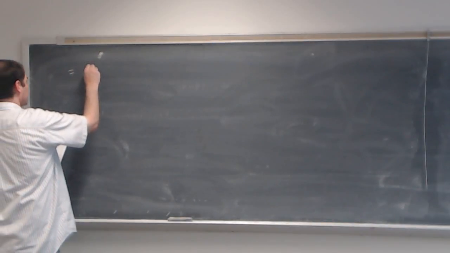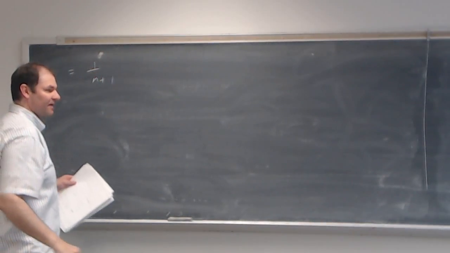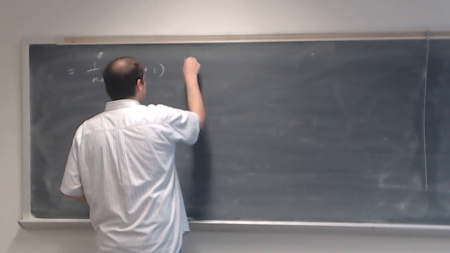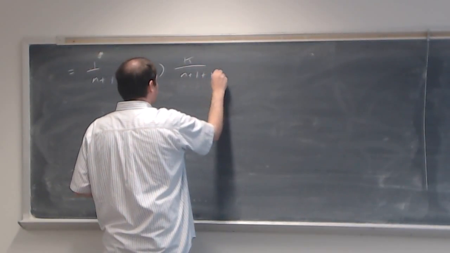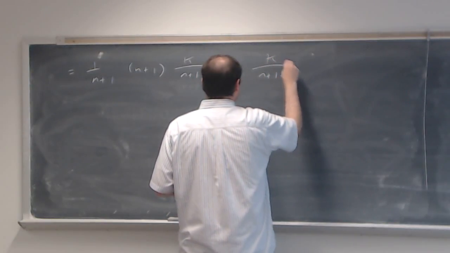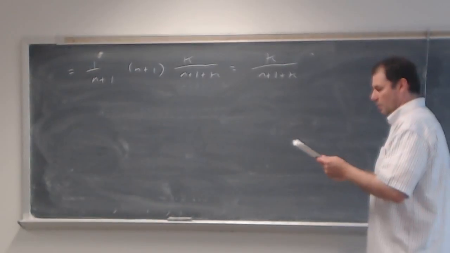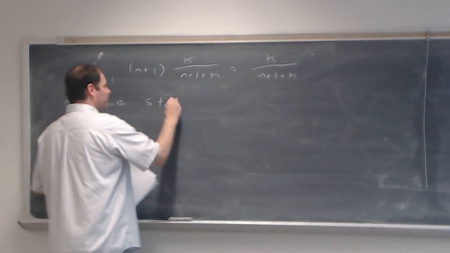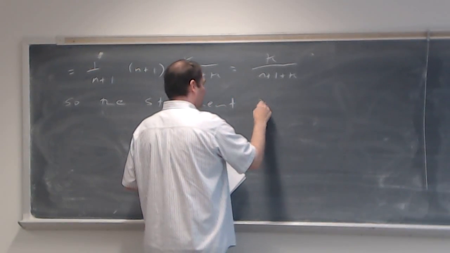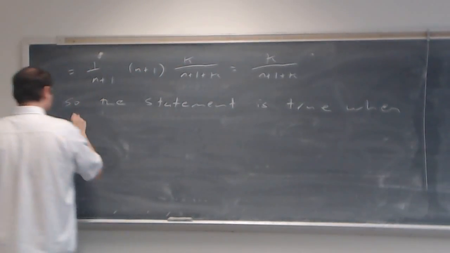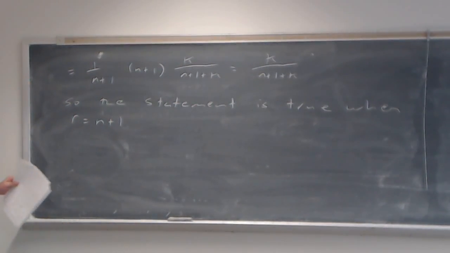And that's equal to, so that's 1 over n plus 1, so what's the expected value? It's the number of trials, so that's n plus 1 times the probability of success. The probability of success is k over n plus 1 plus k. And that's just going to be equal to k over n plus 1 plus k. And that is exactly what we wanted to prove for the lemma when r is equal to n plus 1.